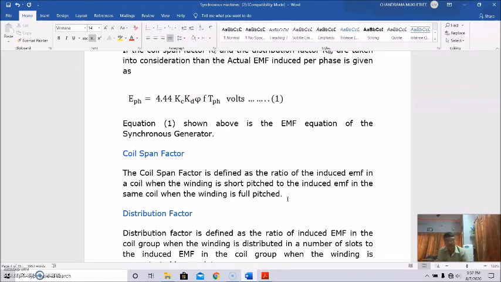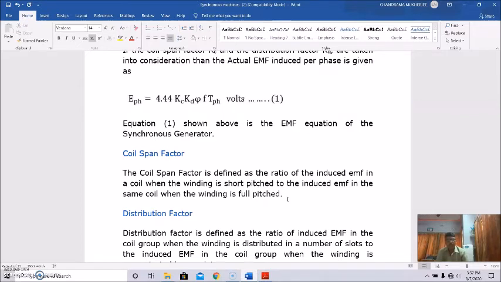There are many factors which we have discussed in the very beginning, and that's why we have the coil span factor and the distribution factor, to get the proper voltage profile and harmonic reduction, etc.